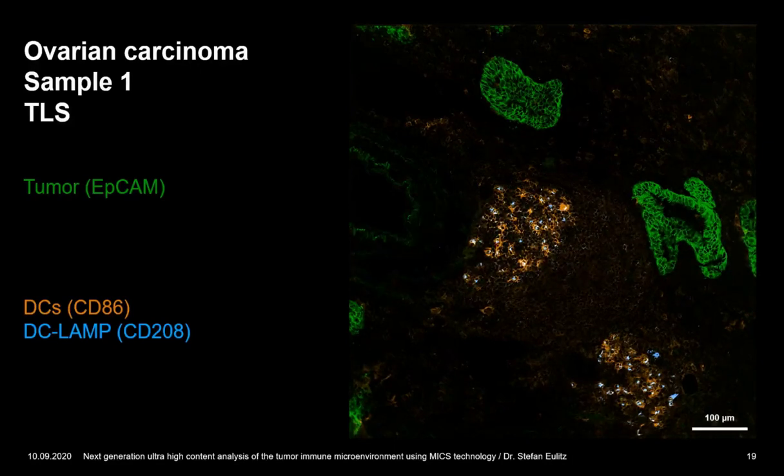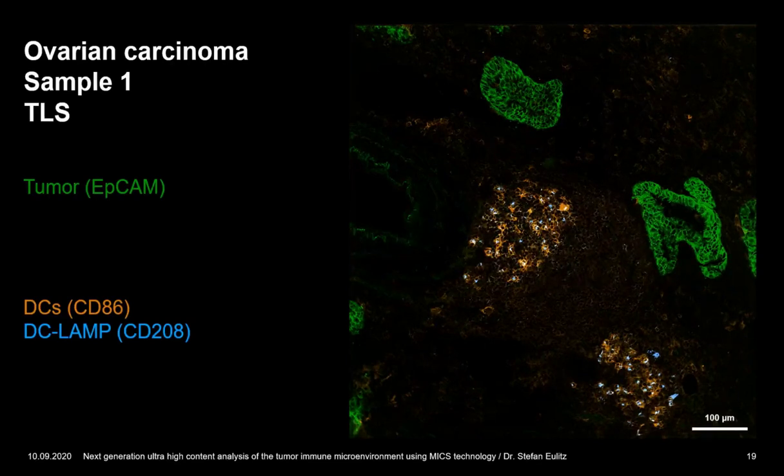What you can also identify is that the DC-LAMP signal is not localized at the cellular membrane, but more in the cytoplasmic region. This is also as expected, since the protein is mainly localized within the lysosomes. This is a good example to prove that the previously mentioned requirement on and capability of the MACSima instrument providing subcellular resolution is true.